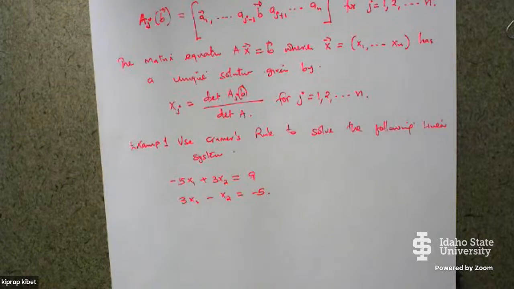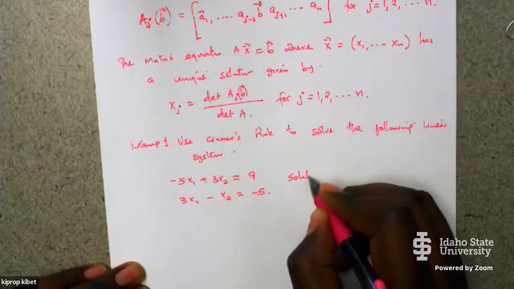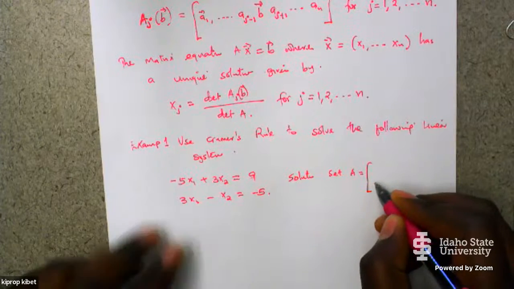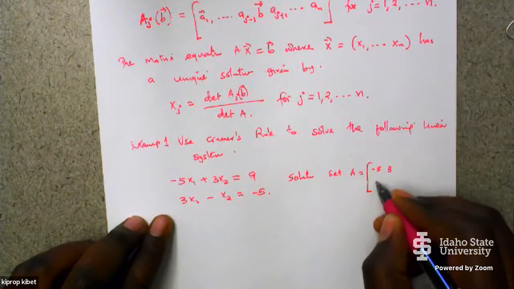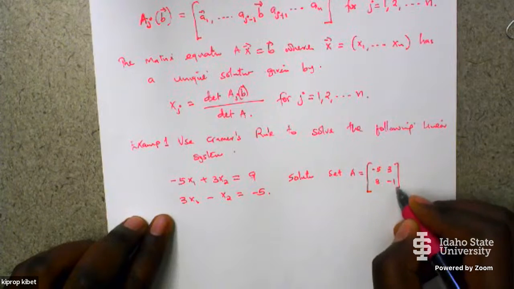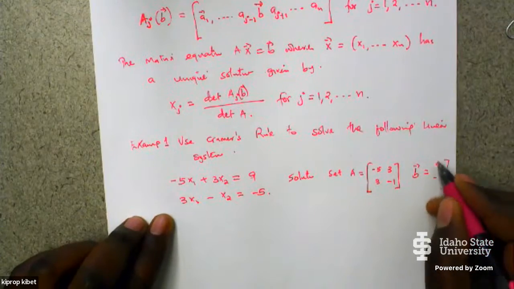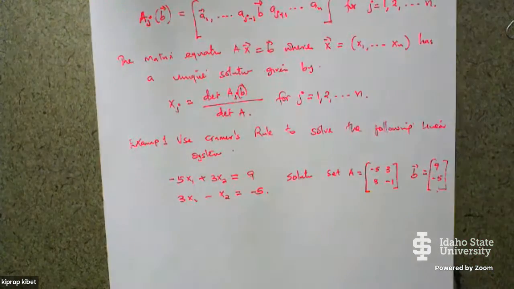Now, here we need to set A and B. So the solution: we set A to be equal to the coefficients here, which is minus 5, 3, 3, minus 1. And then our B is equal to 9 and minus 5. Now we want to get A1(B) and A2(B).